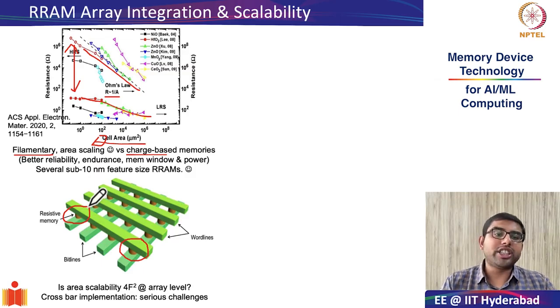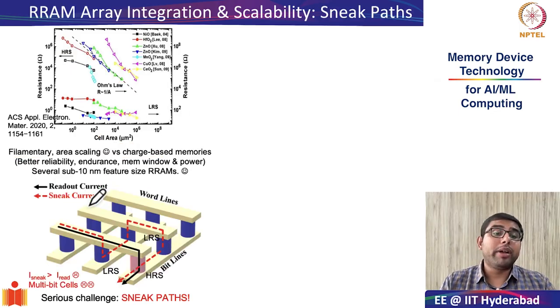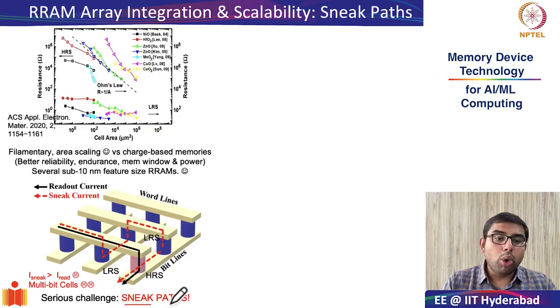So the important question to ask is, does the area scalability of 4F squared also get maintained in RRAMs when you go to the array level? It turns out that is not the case because of a very serious issue that occurs when we start scaling RRAMs in crossbar arrays. This serious challenge is known as the problem of sneak paths.